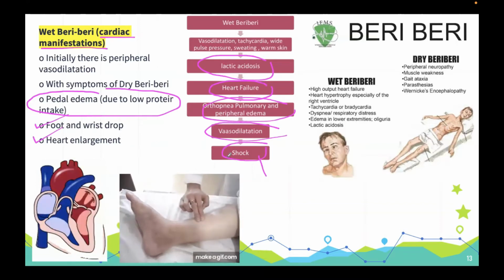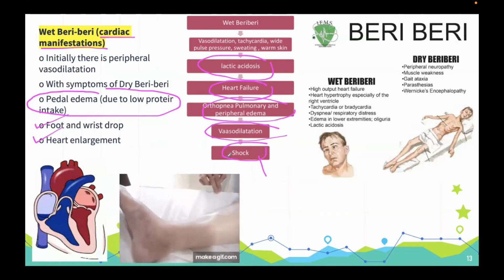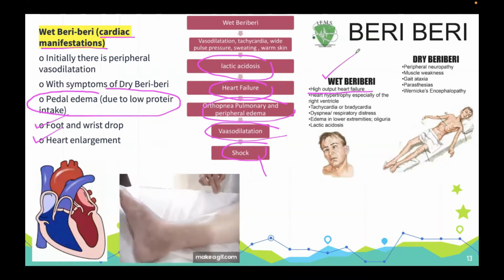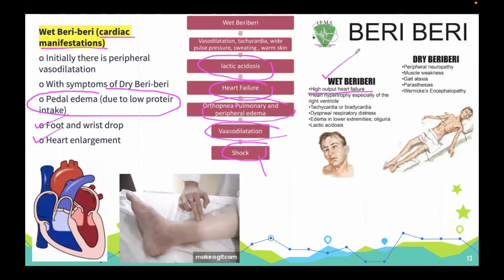Okay, so differentiate lang natin si wet beriberi from the dry beriberi. Pag sinabing high output heart failure, automatic wet beriberi agad ang maisip mo dyan. Okay? Anything that involves your cardiac manifestations, wet beriberi po yan. Next, your heart hypertrophy, especially for the right ventricle, wet beriberi yan.